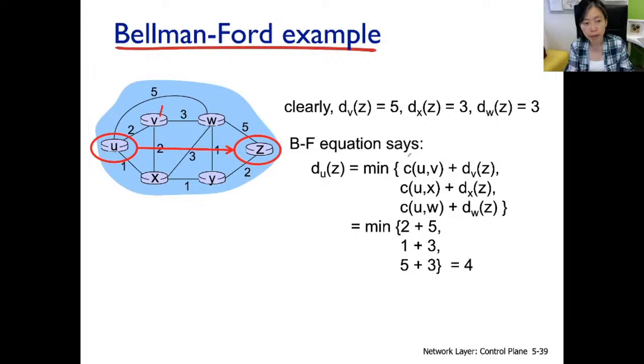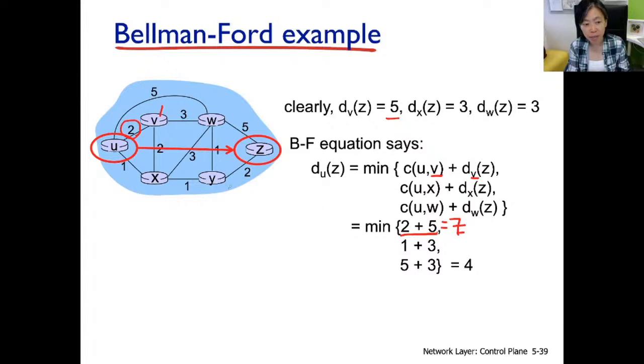So let's take the first neighbor V. The link cost from the source to V is 2, and dVZ is 5. So we have 2 plus 5 here. From U to Z through V, the cost is 7.